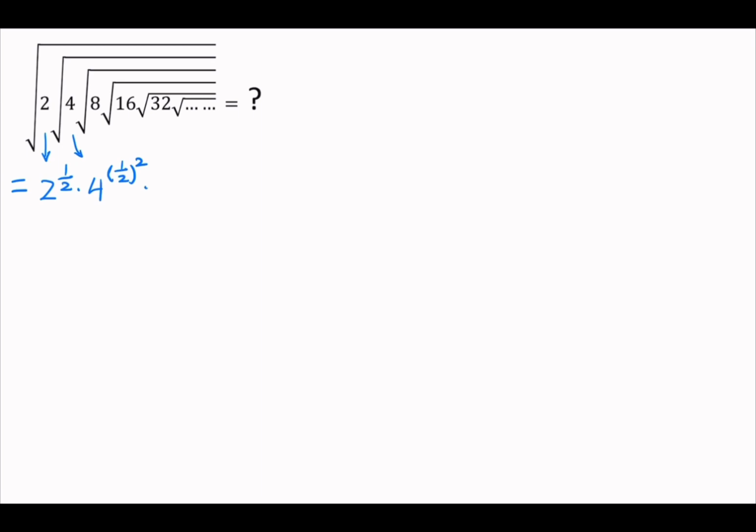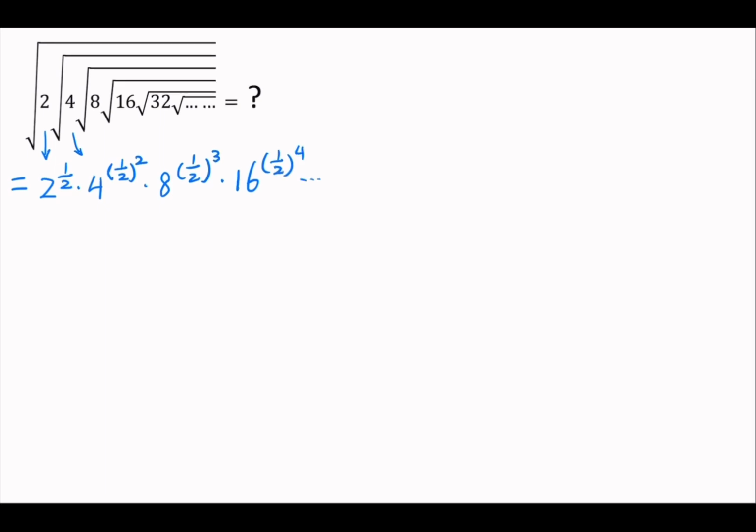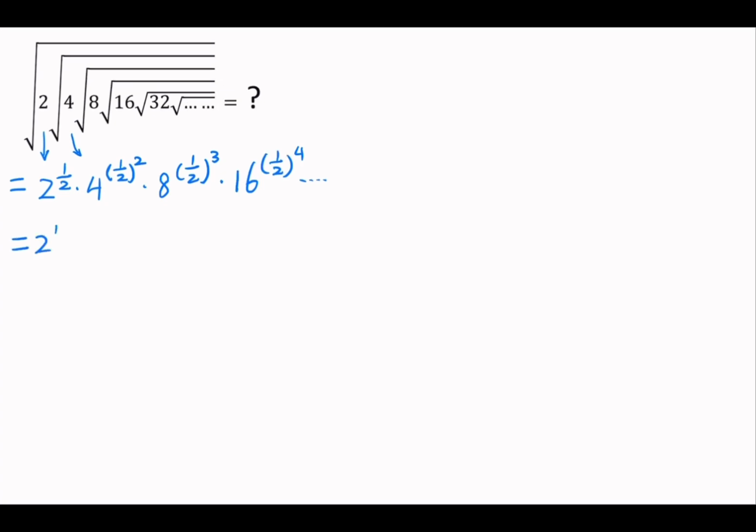Then times 8 to the power of 1 over 2, and then to the third power, times 16 to the power of 1 over 2, fourth power, and then keep going.